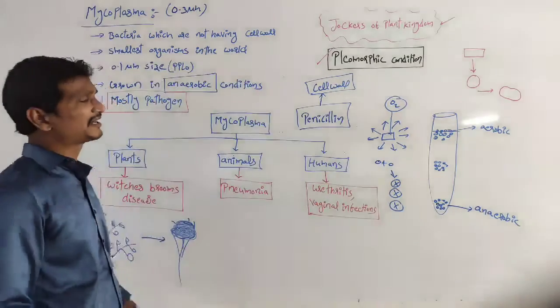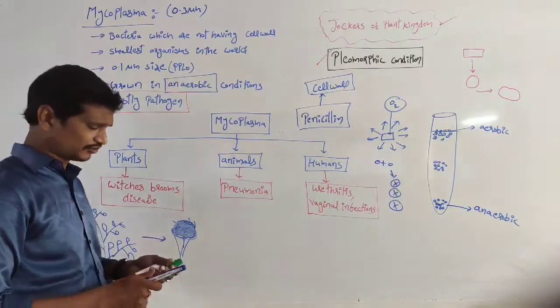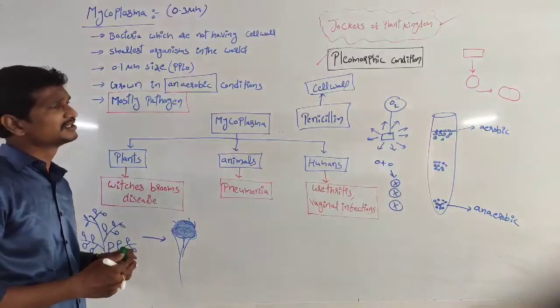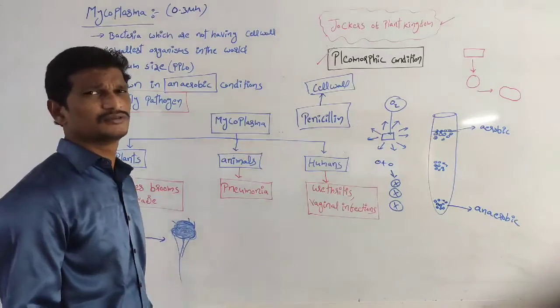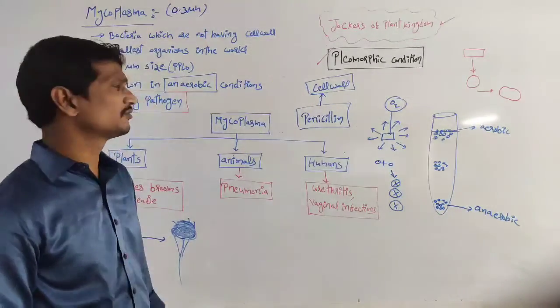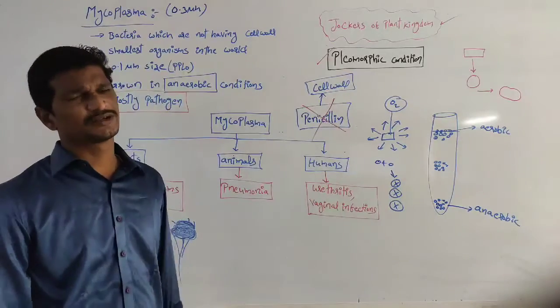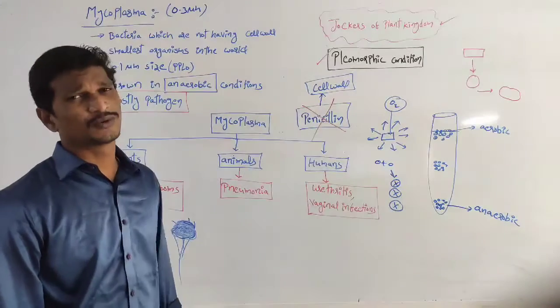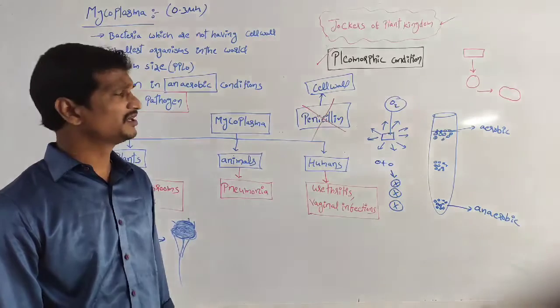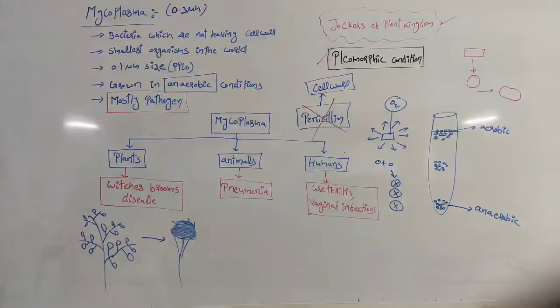Remember, the mycoplasma bacteria do not have a cell wall. So there is no cell wall, and there is no mode of action of penicillin within this bacteria. So that is about mycoplasma.